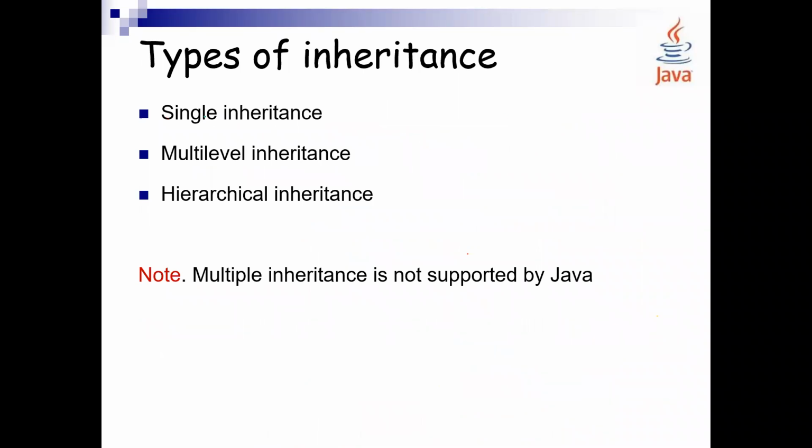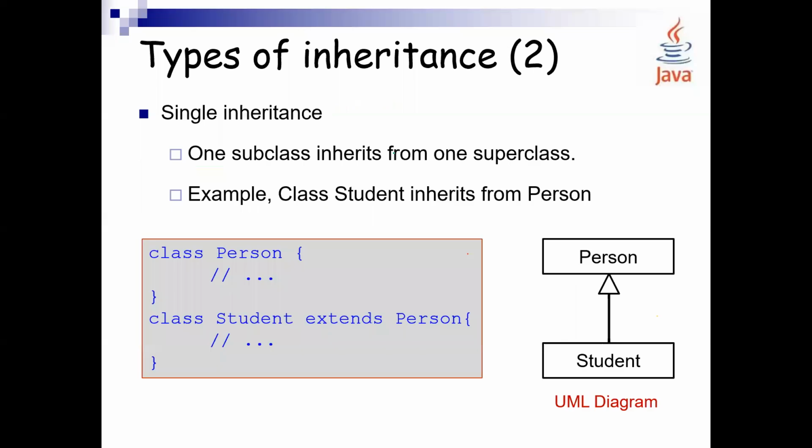We have three types of inheritance. Number one is single inheritance, then multi-level inheritance, and number three, hierarchical inheritance. Let's start with single inheritance. We have one subclass which is inheriting from one superclass. There is a person here, and the student is a subclass of person. There could be many other subclasses, like a teacher.